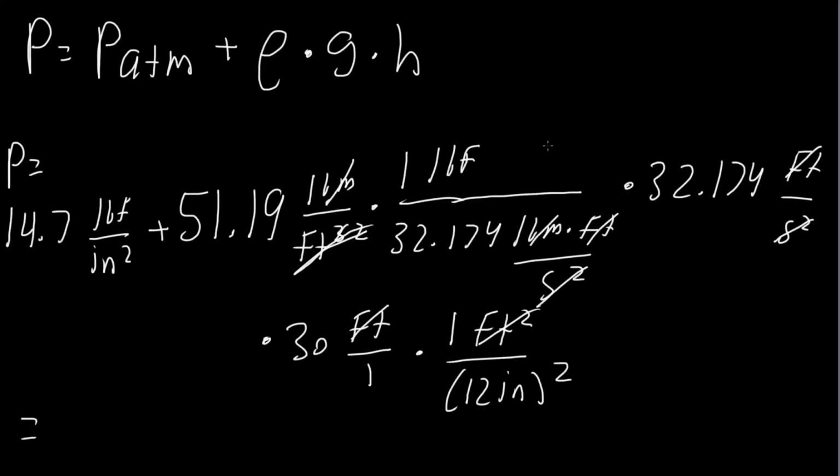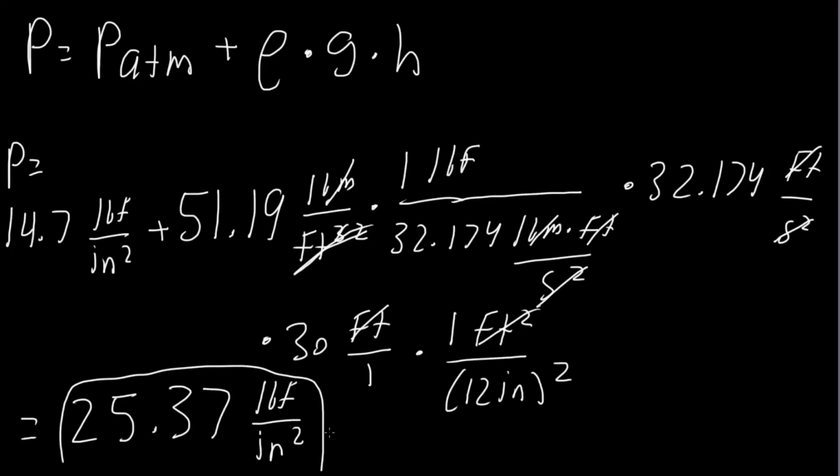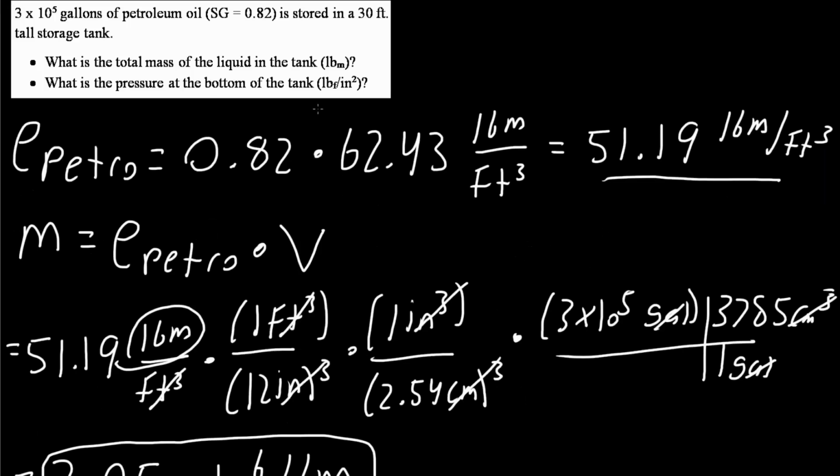And once we multiply this whole thing out, we would get 25.37 pound force over inches squared. And this is the final answer for the second part. If you wanted to just see the problem again, these were the 2 problems. First problem, we want to get pound mass. Second problem, we want to get pound force over inches squared.